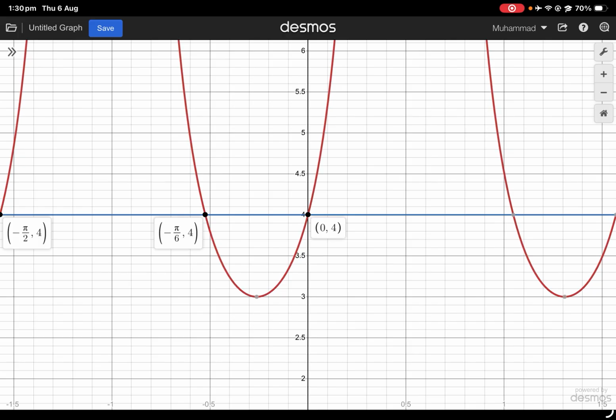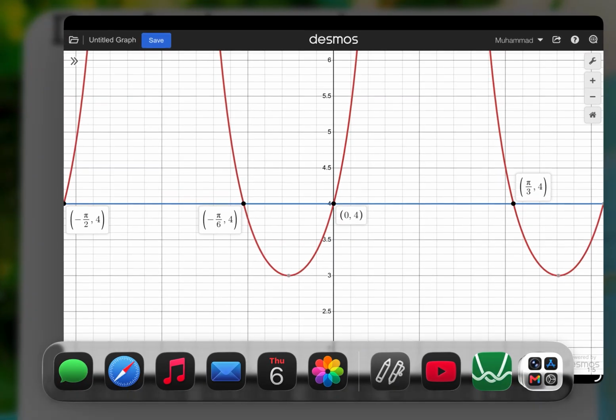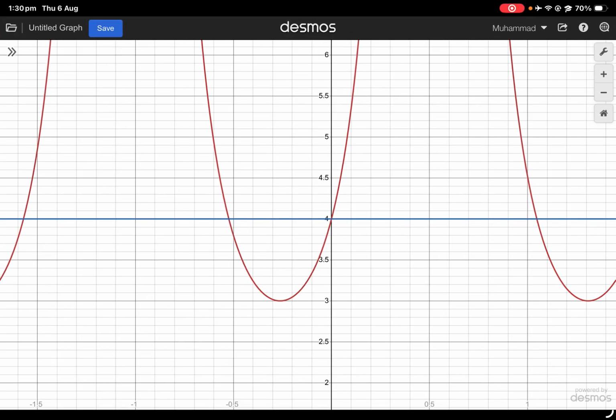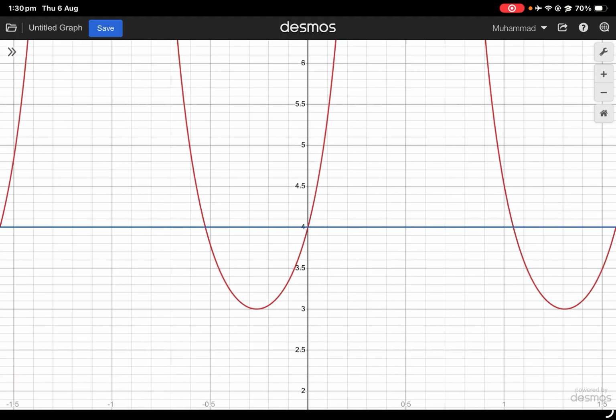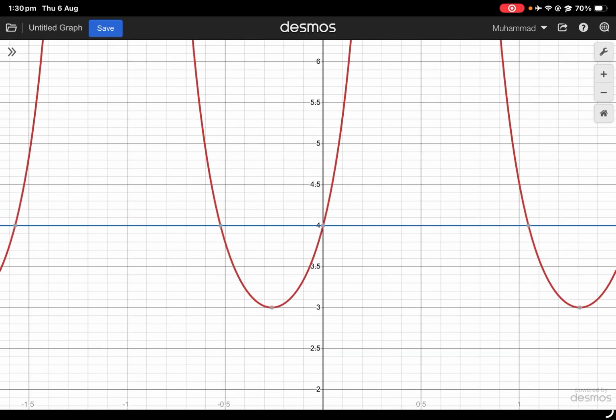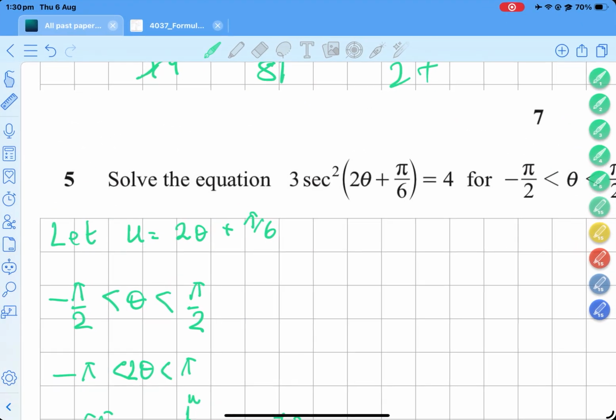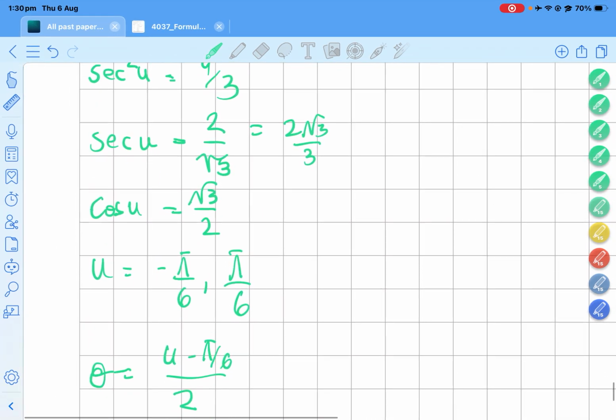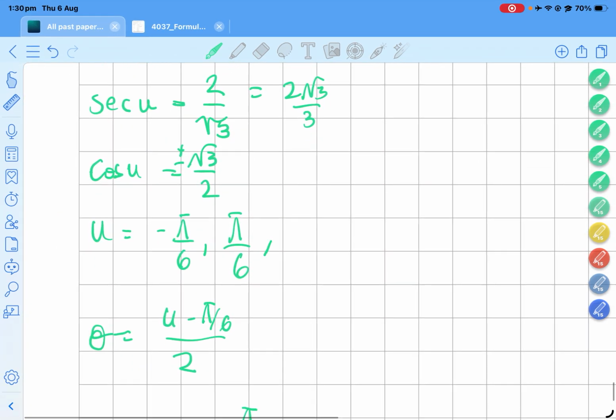So there are extra solutions as well. So minus pi by 2 is a solution, and you might be thinking, why is it that there are extra solutions over here? The extra solutions are here because of this.